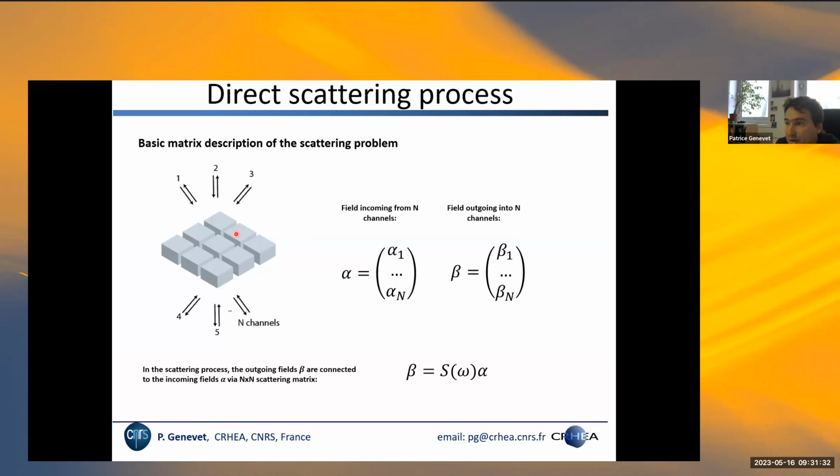We have these nano-resonating building blocks that take signal in via various types of incoming channels, and that reflect or transmit light depending on the channel you are considering. So you can describe a metasurface via this S matrix that connects input and output channels.